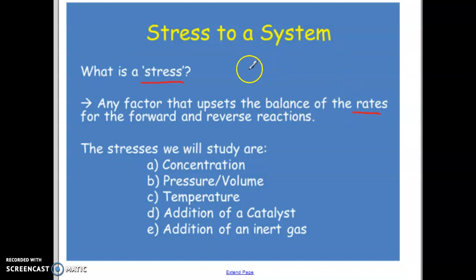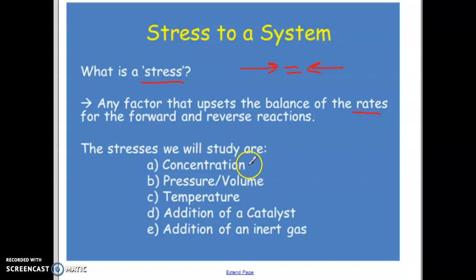So remember, equilibrium means that the forward and reverse reaction rates are the same. So basically, anything that will cause the rate of one or the other to change is considered to be a stress.